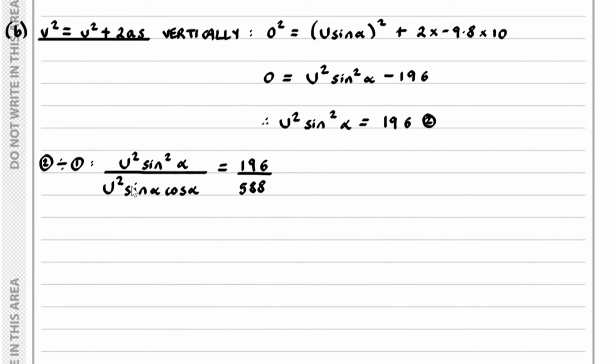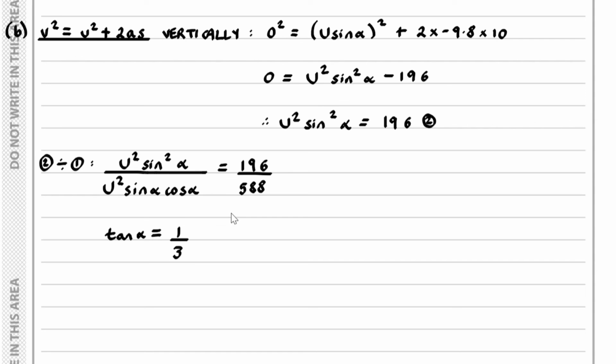Now, sine squared over sine simplifies to just sine. So we have sine over cos, which is tan. The u squareds cancel. So we have tan alpha equaling 196 over 588, that is equal to 1/3.